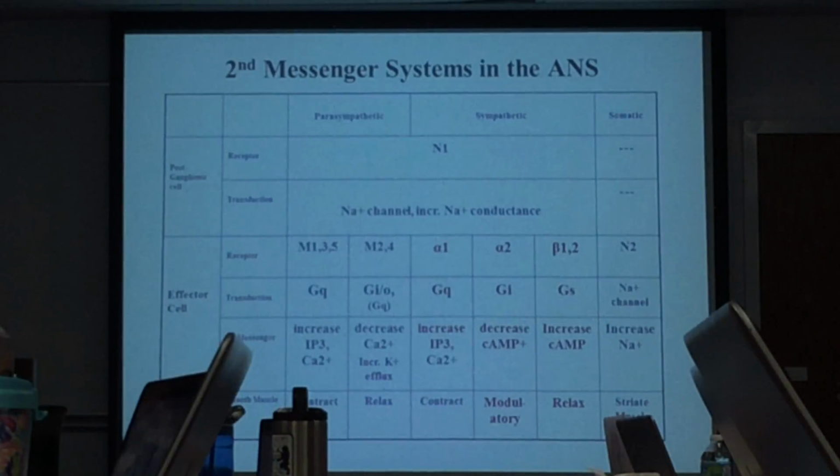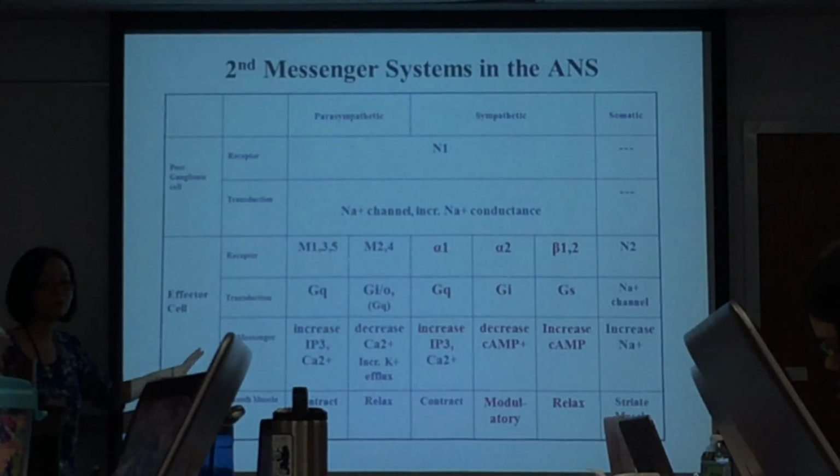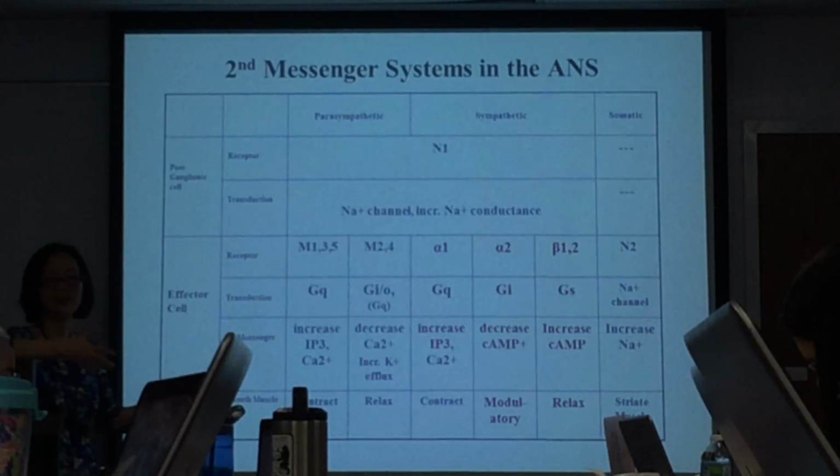Here is the summary of the signal transduction and G protein coupling of the muscarinic receptors and the adrenergic receptors. There's a lot of information here. Let me finish. To prepare for the quiz, understand which G proteins couple to which receptors and where they're located.